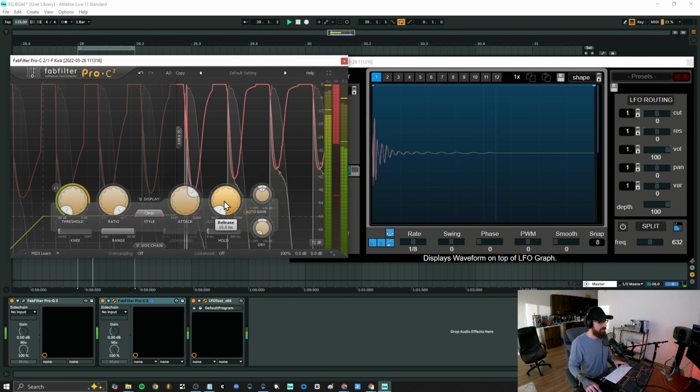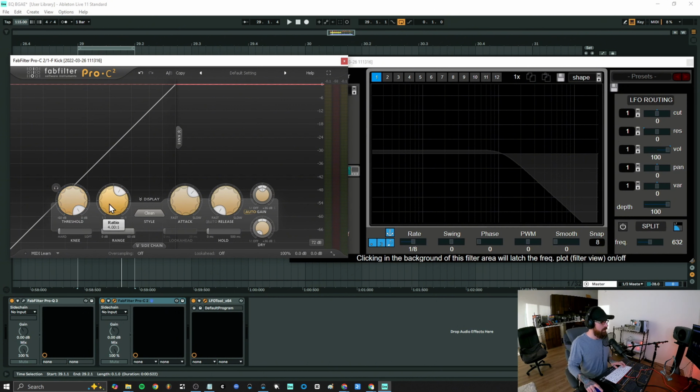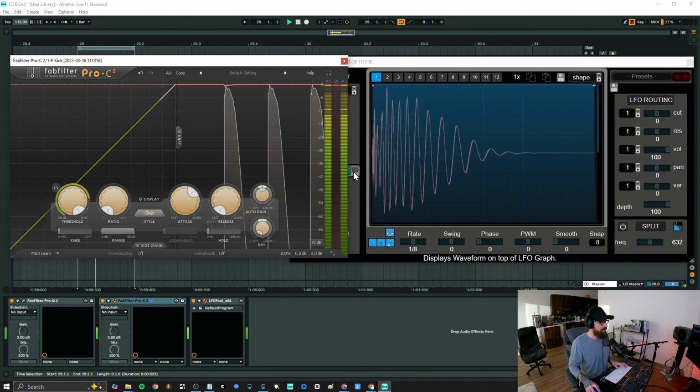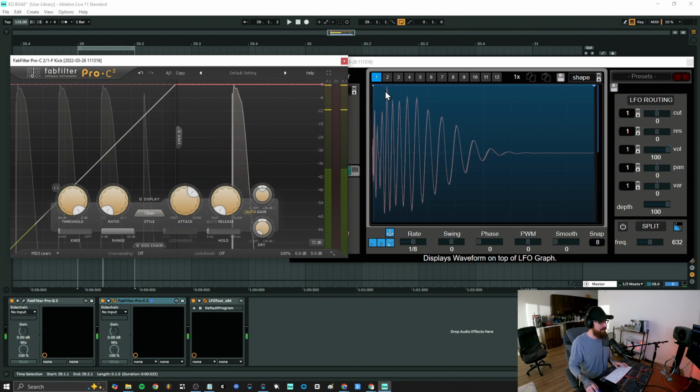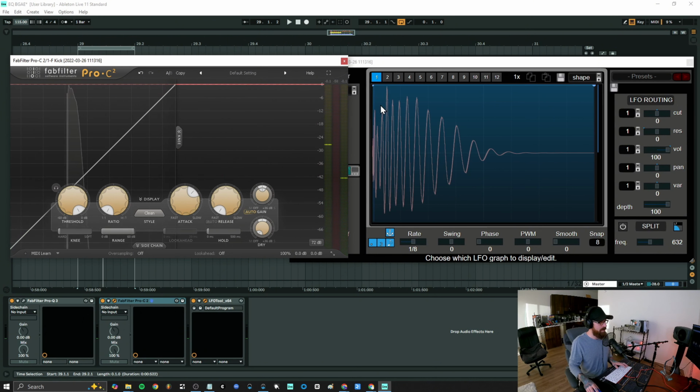So if we release the kick drum all the way and we go back to no compression at all, we can see here that the peak happens around this 2 mark and the loudest bit of the bass is around this 4 mark.